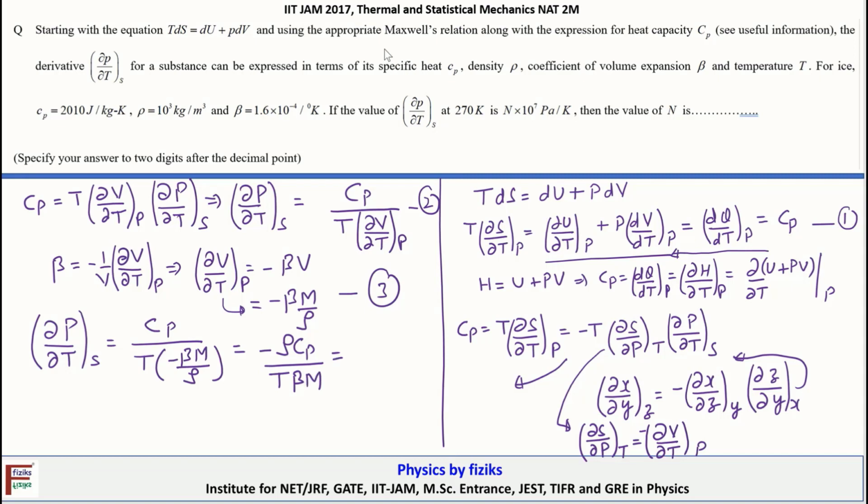Now all these values are given to us in the statement of the numerical. Cp is given to us, and the rho value is also given, the temperature is 270 Kelvin, and the beta value is also given. And then the mass is 1 kg, is it?